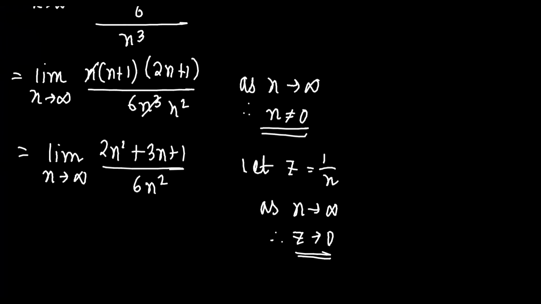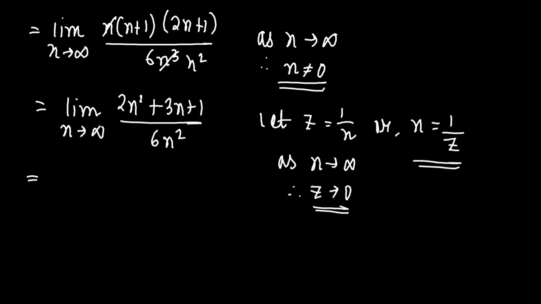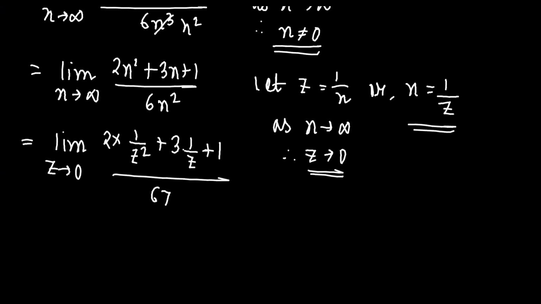As n tends to infinity, z will tend to 0. Since z equals 1 by n, we can write n equal to 1 by z. So in place of n we will have 1 by z, so it is limit z tends to 0, 2 into 1 by z square plus 3 into 1 by z plus 1 by 6 by z square.